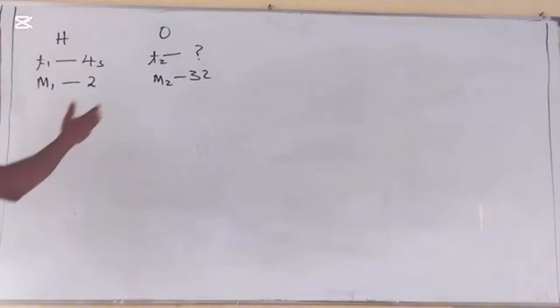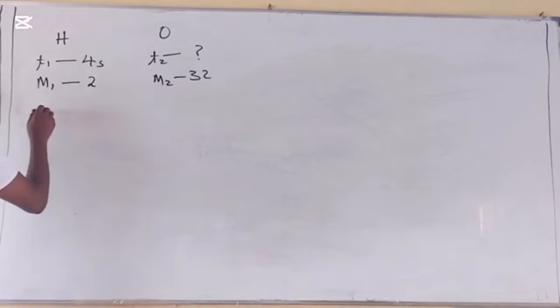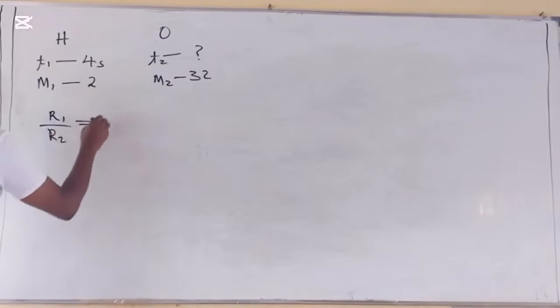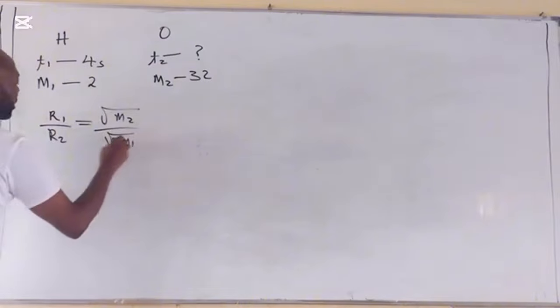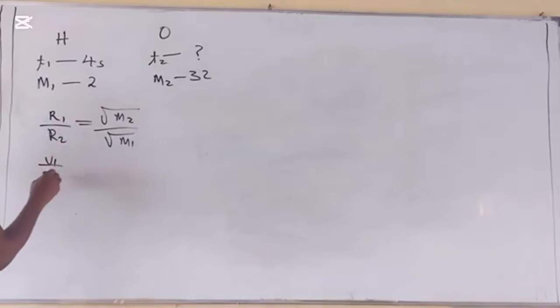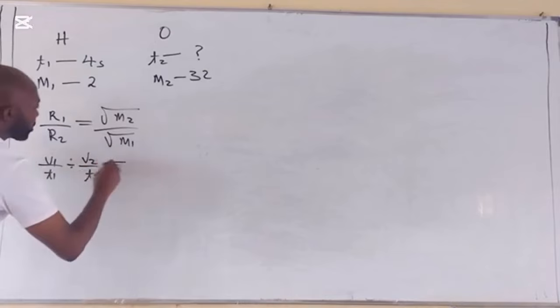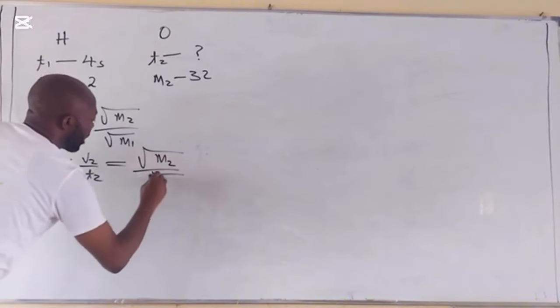So in order for us to go through it, this is what we do. We have our normal rate: R1 over R2 is equal to the root of M2 over the root of M1. So R1 is V1 over T1 divided by V2 over T2, equal to the root of M2 over the root of M1.